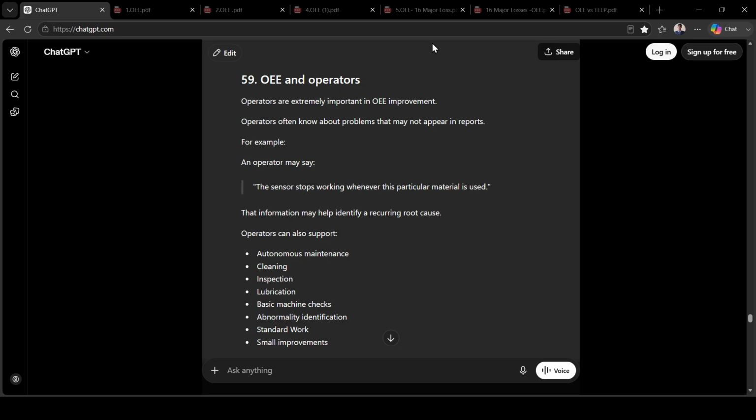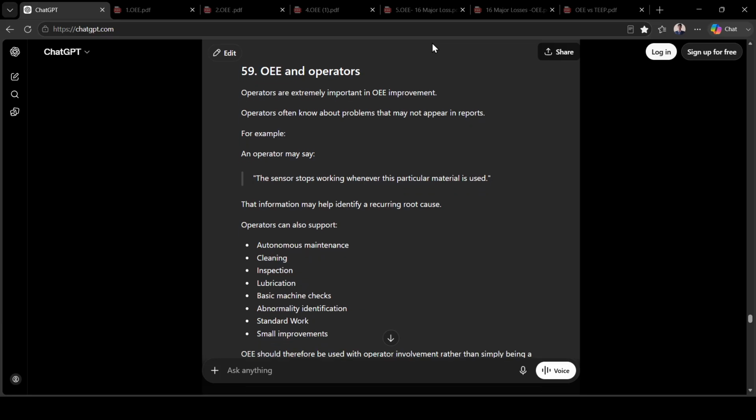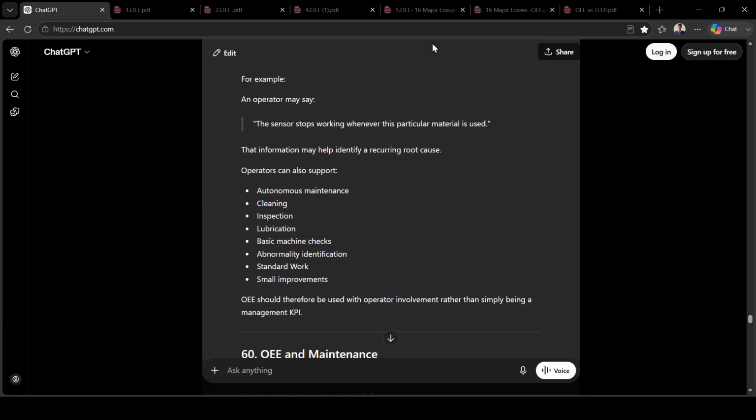The operator can also support autonomous maintenance: cleaning, inspection, lubrication, basic machine checklist, abnormality identification, standard work, small improvement. We should therefore use OE with operator involvement rather than simply as a management KPI.